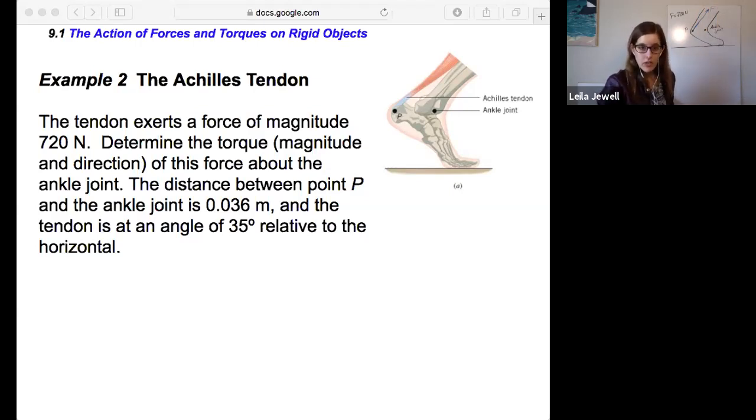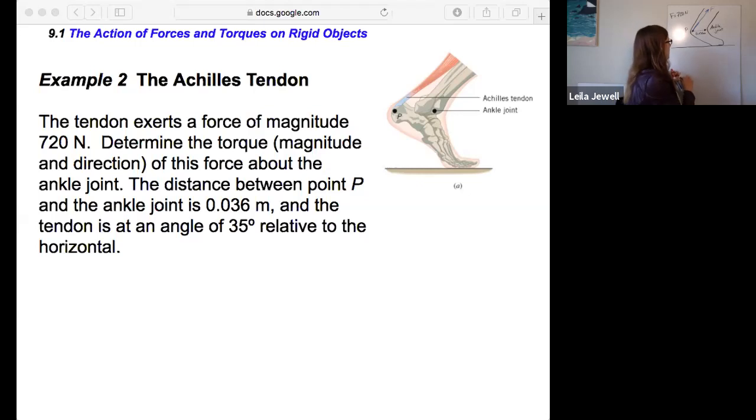Right, so we have that force, and I'll make this whole image bigger in a moment. The distance between point P and the ankle joint is 0.036 meters. And then they tell us that the tendon is at this angle of 35 degrees relative to the horizontal.